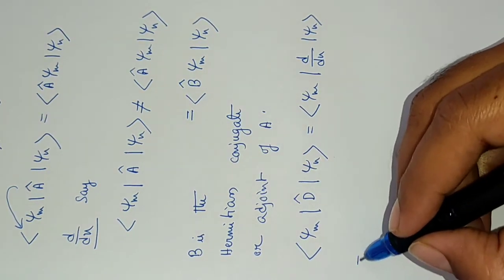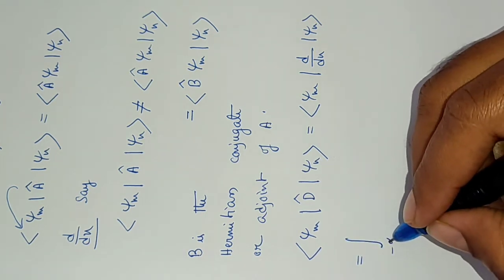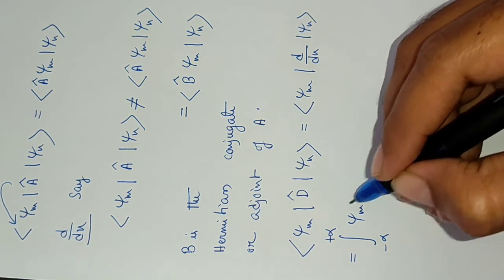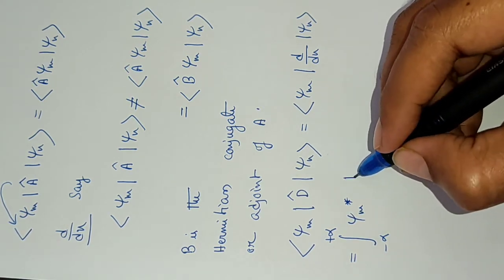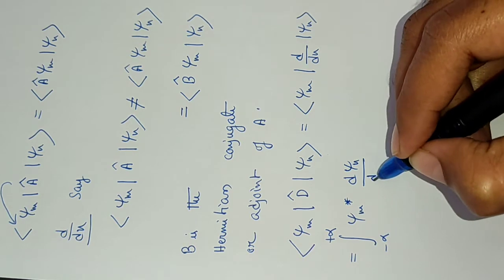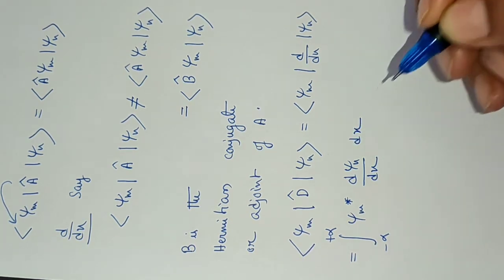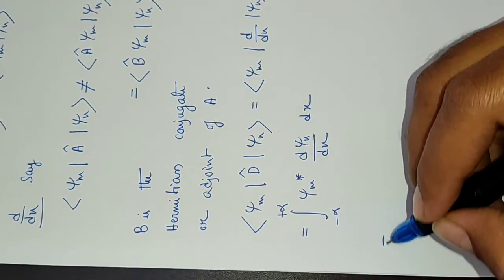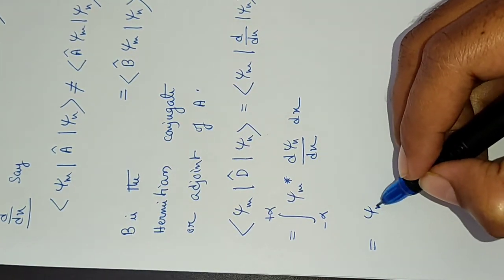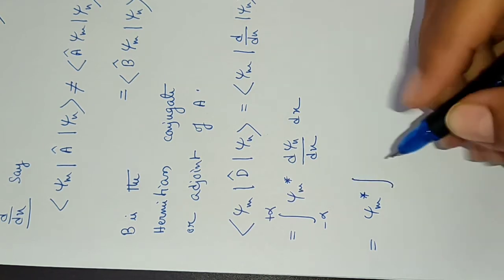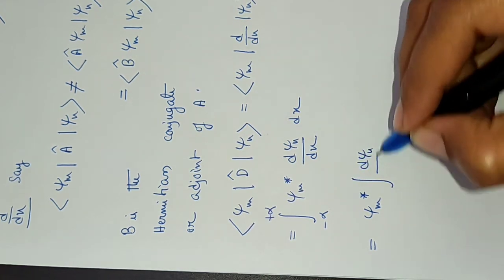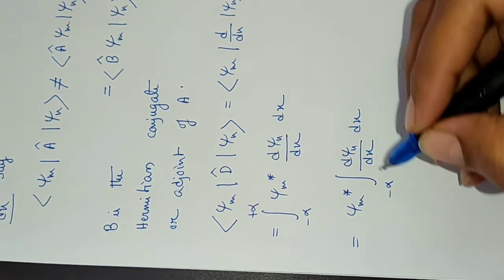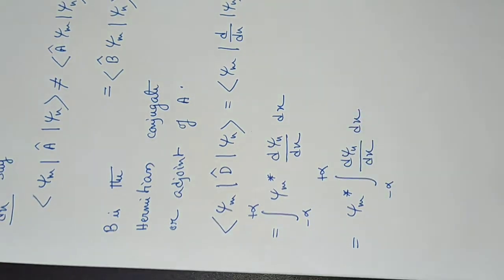Now we write the integral form, integration over all space. This is the conjugate one. Now we have to integrate it by parts. So it will be ψm star ψn from minus infinity to plus infinity.